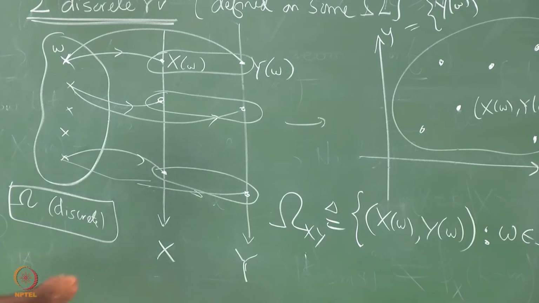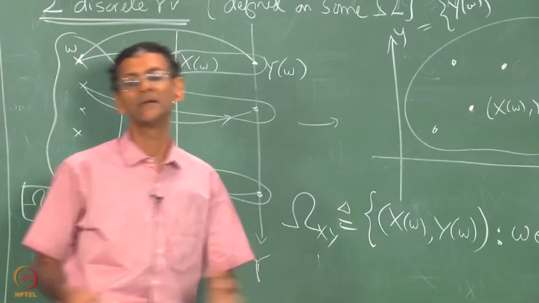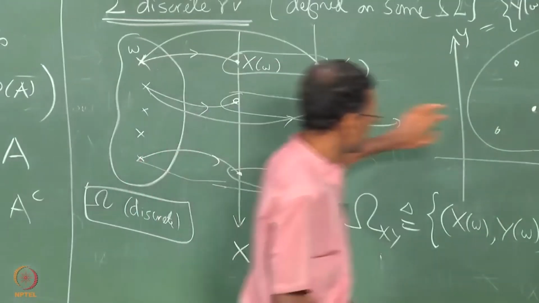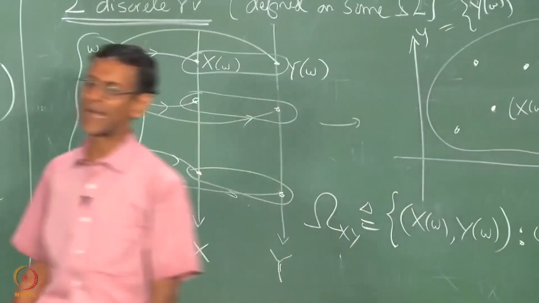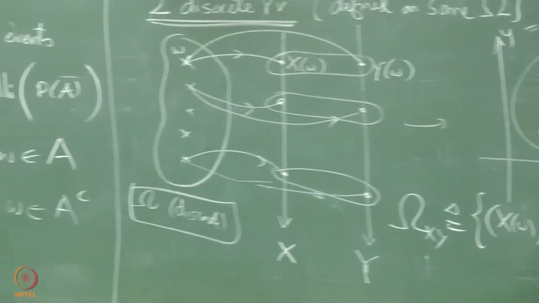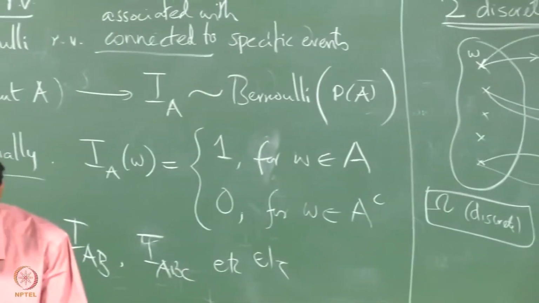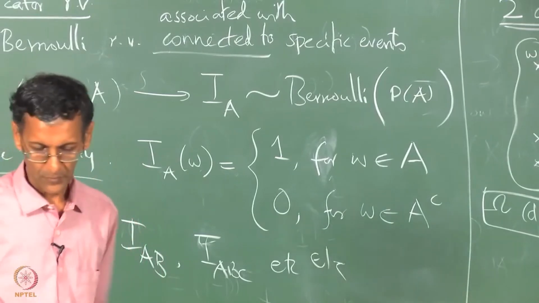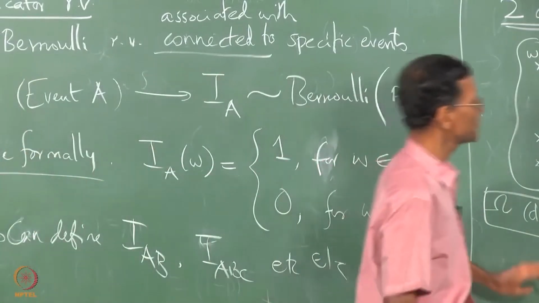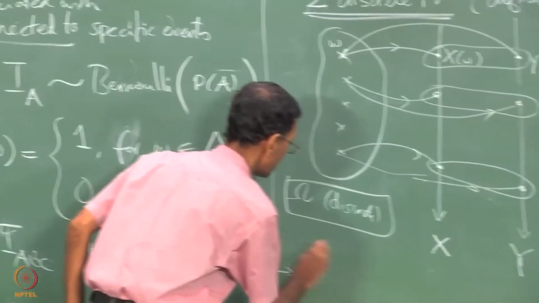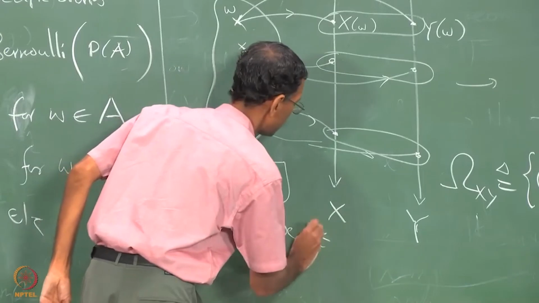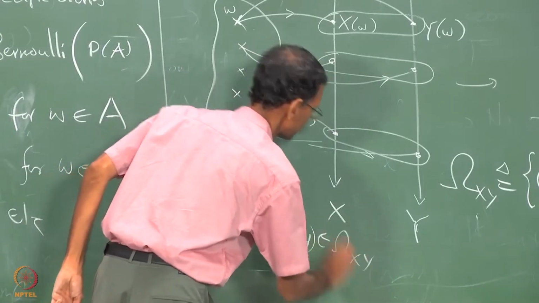So what about the probability now? Supposing this is the point, instead of writing capital X(omega), Y(omega), we need to have some more notation for the point. So now supposing you consider a point xy in that set.